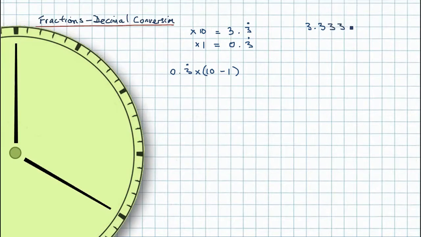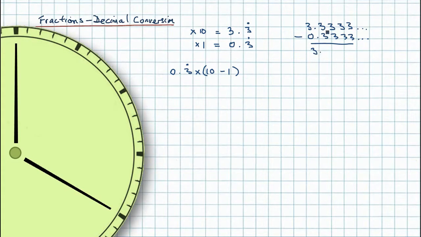So we've got 3.3. In fact, I'll write out the 3's here so you can actually see them disappearing. We've got 3 and dot dot dot, and we've got 0.333 dot dot dot. I'm going to subtract one from the other, so we want to know the difference between these two. That's why I've got a subtract sign here. And we're going to go left to right.